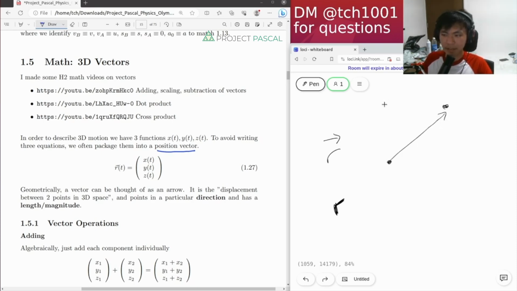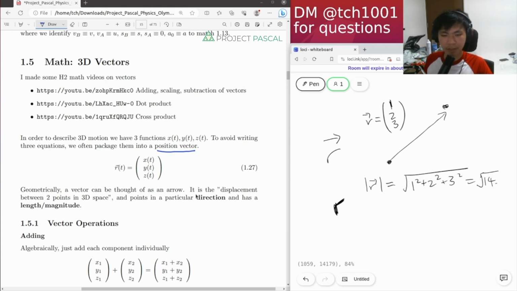If we say the vector has components of 1, 2, and 3, it means that the vector points 1 unit in the x direction, 2 units in the y direction, and 3 units in the z direction. We can calculate the length of the vector using Pythagoras theorem, and we'll get the square root of 1 squared plus 2 squared plus 3 squared, which will give us the square root of 14.